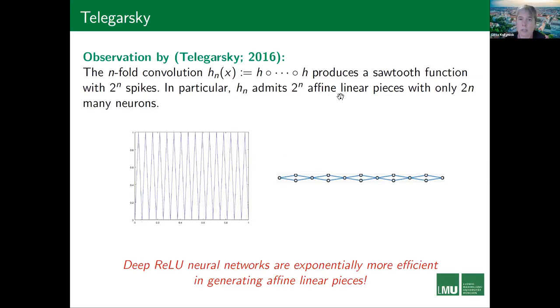As it says, in particular, h_n admits 2^n affine linear pieces with only 2n neurons. That's an indication of how effective depth is. Deep ReLU neural networks are exponentially more efficient in generating affine linear pieces. That goes up exponentially, which makes it so effective because we have this compositional structure in the neural network.